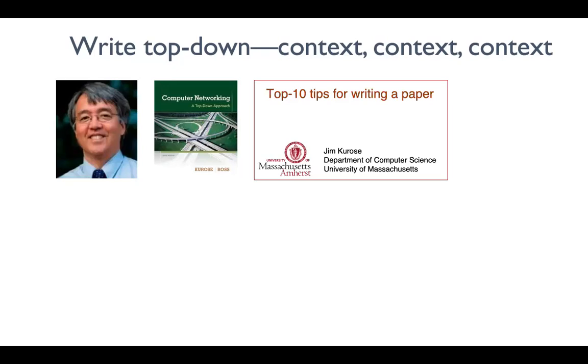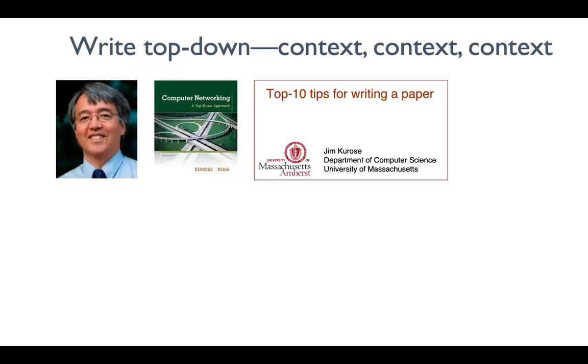In other words, we start with the big idea, and then we can go deeper and deeper and show the finer details. So Jim Kurose actually has a presentation on writing a paper, in which he takes the same approach of writing top down.